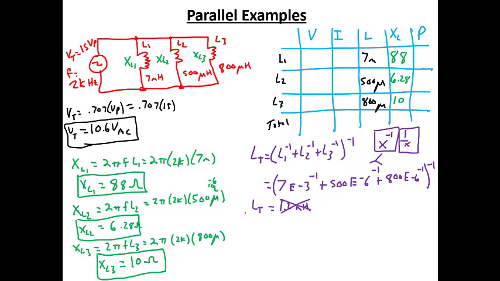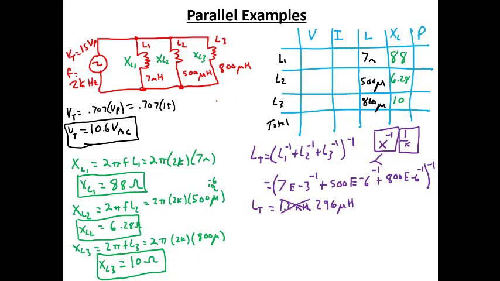All right, so I had to do that a couple times on my calculator. I got a different calculator that I'm used to using, and I get 296 microhenries. The reason I knew the earlier answer was wrong is that it has to be less than the smallest inductor, so less than the 500 microhenries.